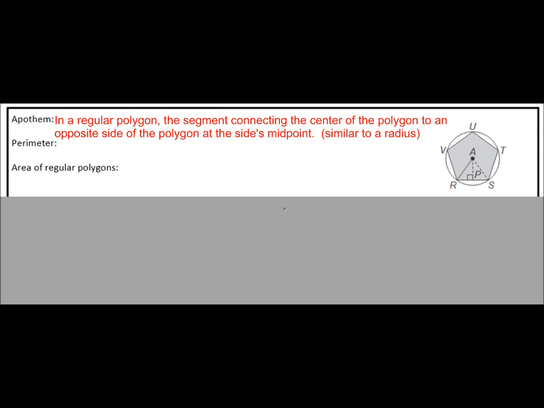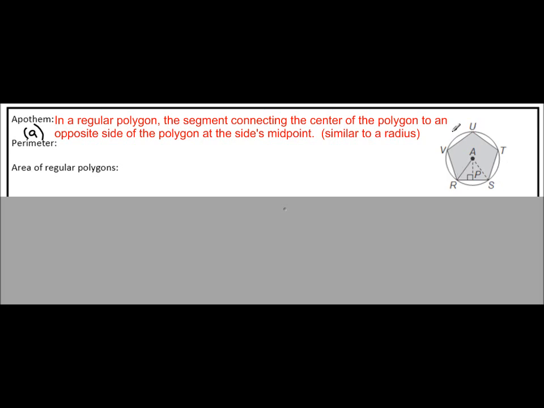The apothem is going to play an important role in our formula to find the area for regular polygons. When we talk about the apothem in our formula, it's going to be represented by a little a. When we refer to the perimeter of the polygon, we're talking about the sum of all the sides of the polygon.